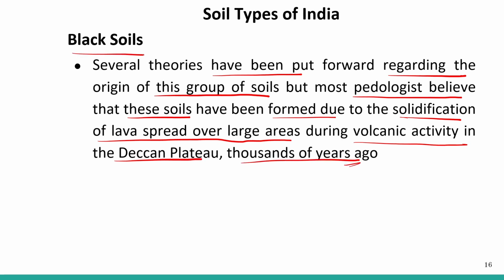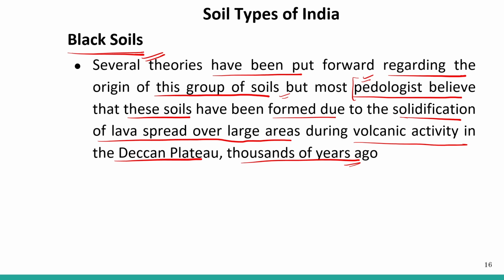So how have these black soils been formed? There are several theories regarding the origin of this group of soil. One theory from the pedologists is that this soil was formed from the volcanic activity in the Deccan Plateau when there were lots of volcanoes.